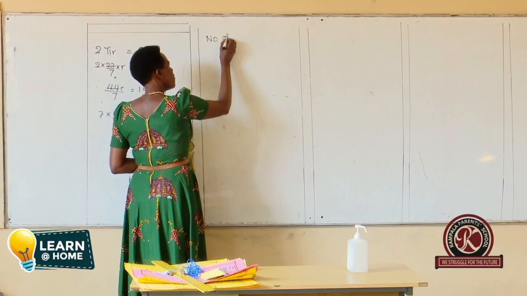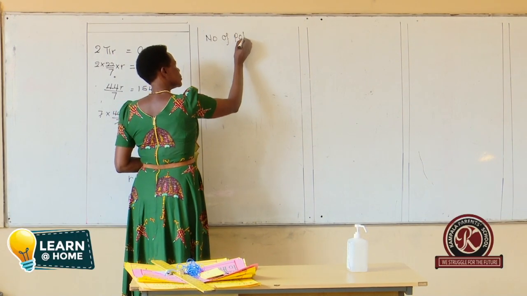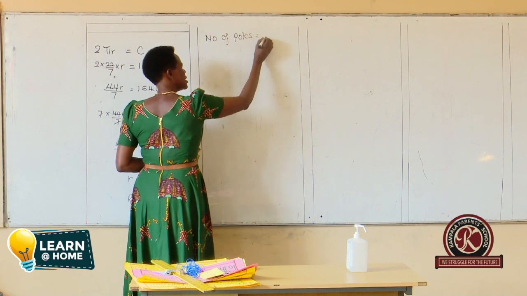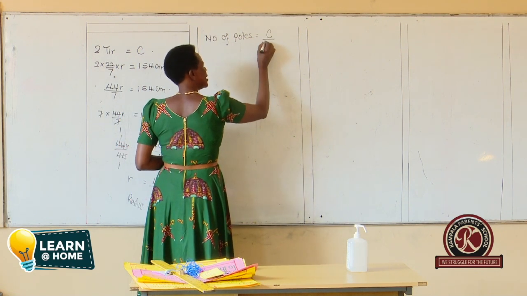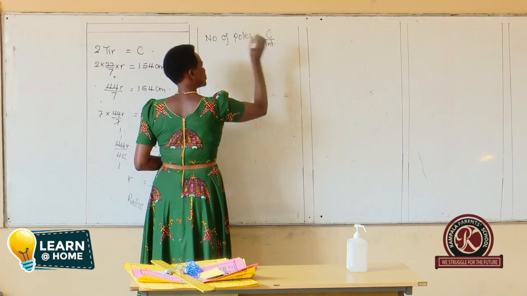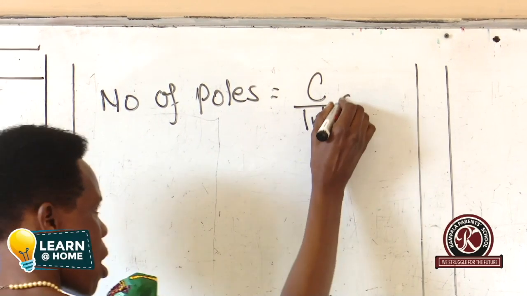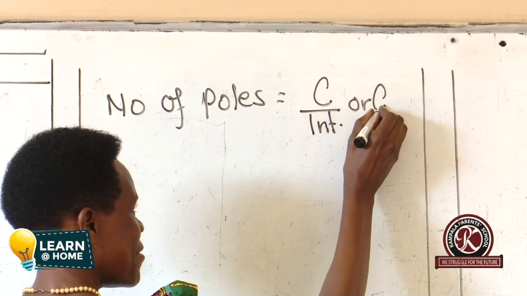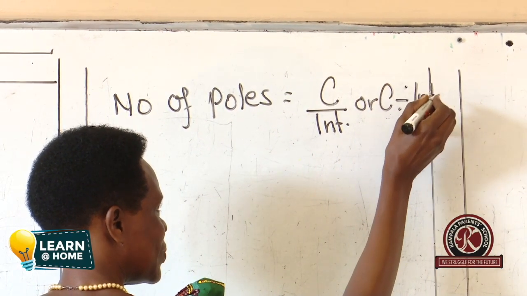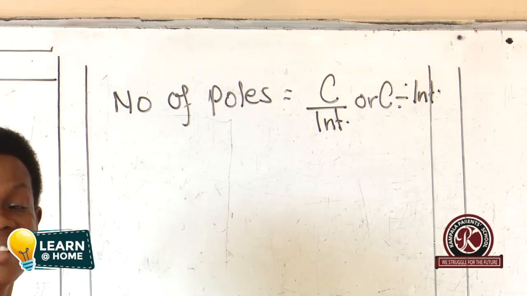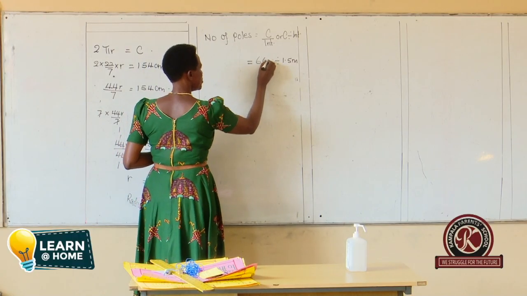So we always get the number of poles, Pius. Number of poles equals circumference out of intervals, or we say circumference divided by intervals. So we are having 66 meters.